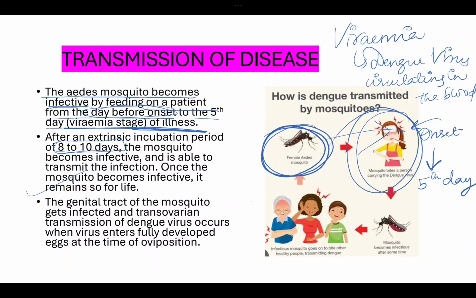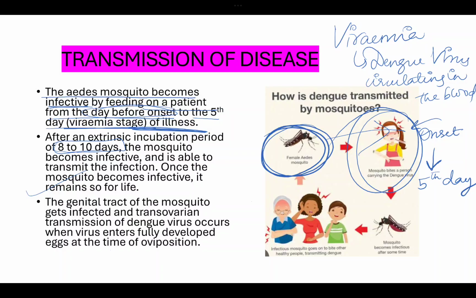The virus starts multiplying inside the mosquito. From the gut, it goes into the salivary glands, which is the extrinsic incubation period. Then, when the mosquito bites another person, the virus from the infected saliva goes into the new human and infects them.